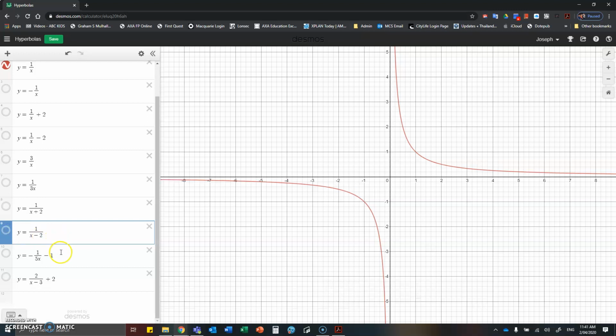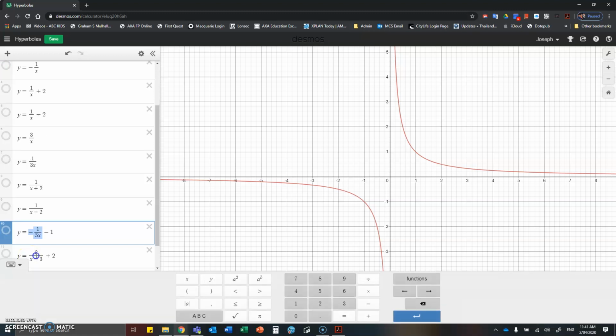And we'll finish off with these 2 questions or equations, and so you can predict what's going to happen. Okay, so in this case, we've got y equals negative 1 over 5x minus 1. The first thing is, because this fraction is negative, the hyperbola is going to be flipped.